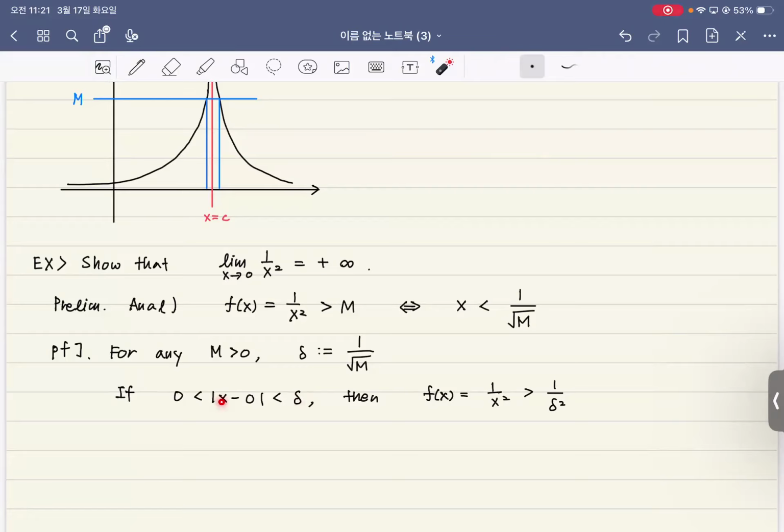Because we are taking the reciprocal of this, and this is M. So if x is close to 0, less than delta, then the function value is greater than M. So the proof is done.